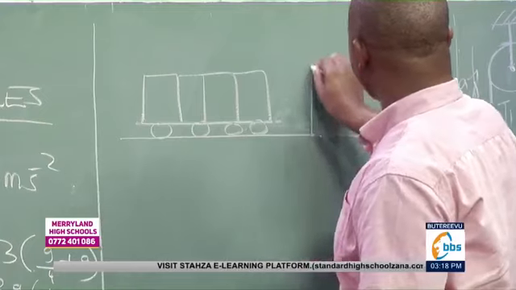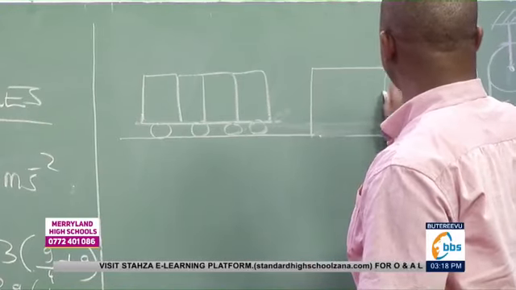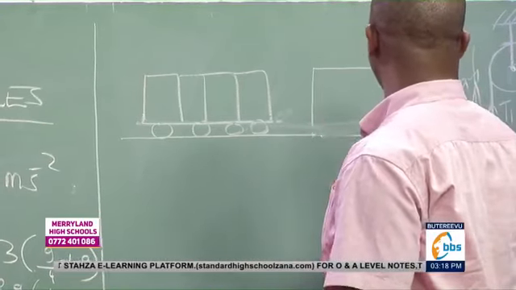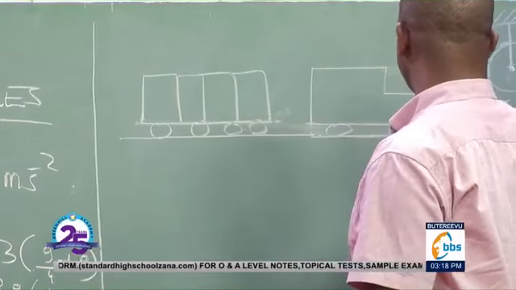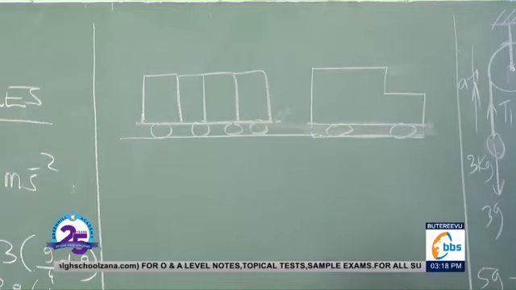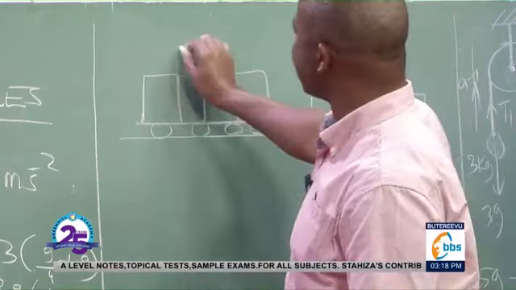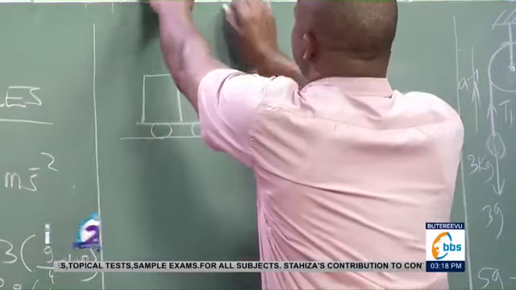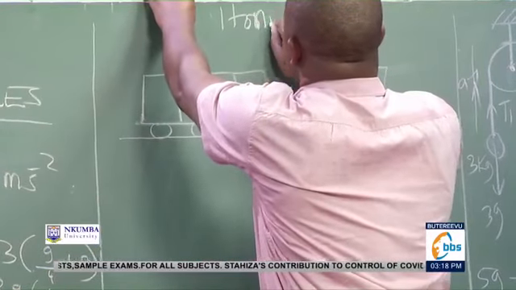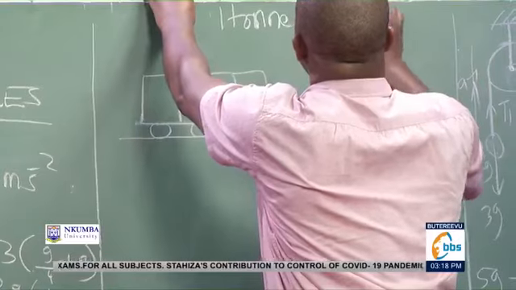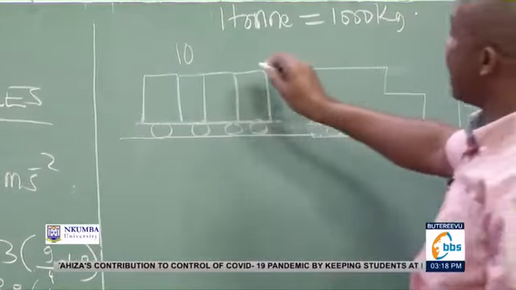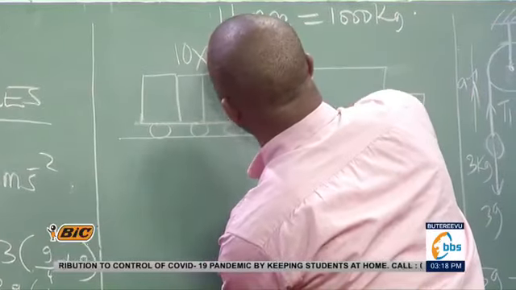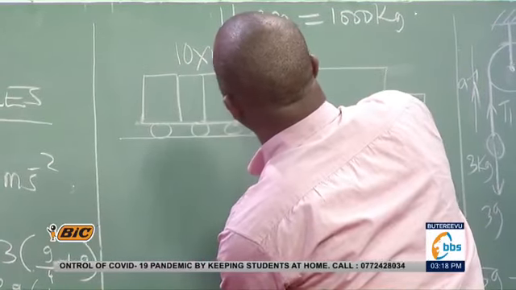And then there is an initial part of that trailer, where I don't know whether they call them pilots or captains, where they sit. Now, this one has several wagons, and their total mass is 10 tons. A ton is equivalent to 1,000 kilograms. This is also technical. If a student does not know what a ton is equal to, then this number can become a problem to such a student.